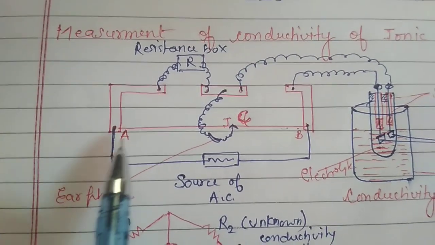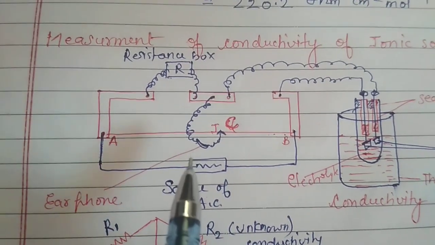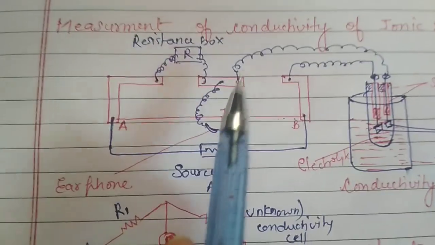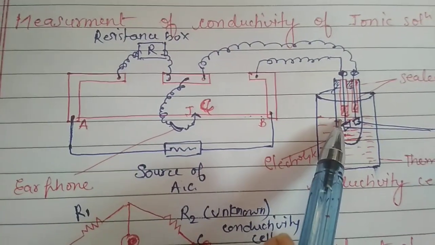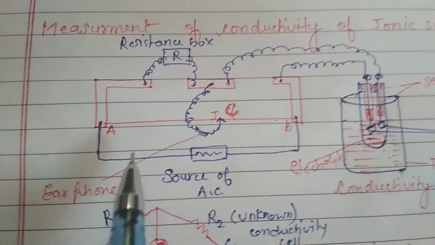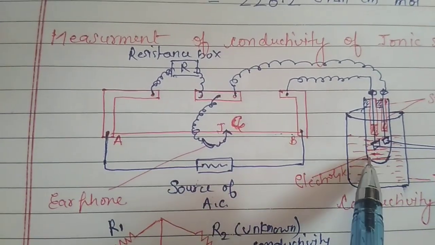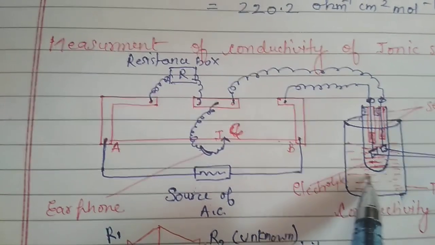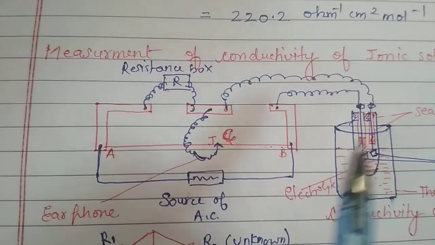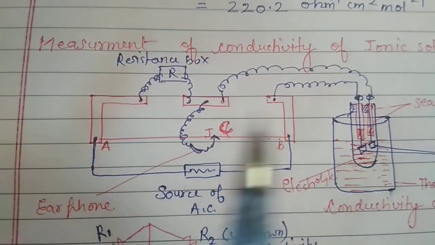As I was telling you, there are some problems. The first problem was the connection of the solution, which we have solved with the help of this concentration cell. The next problem was when taking the source of DC: the electrolysis of the solution would take place, the composition of the solution would be changed, and the resistance would also be changed.